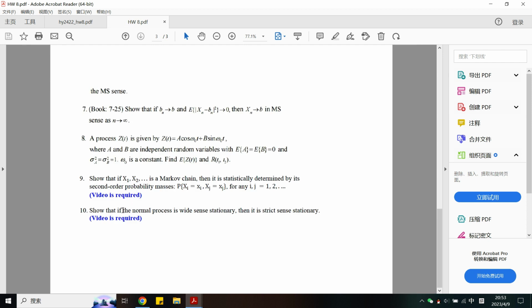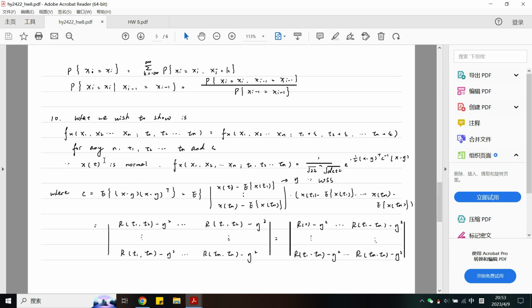From the question, we know that the process is a normal process, so we can suppose that X(t) is a normal process.